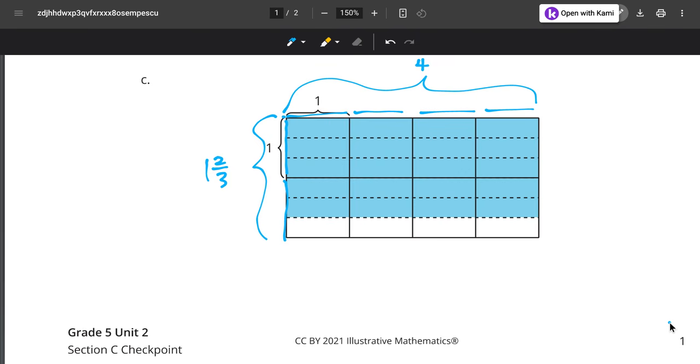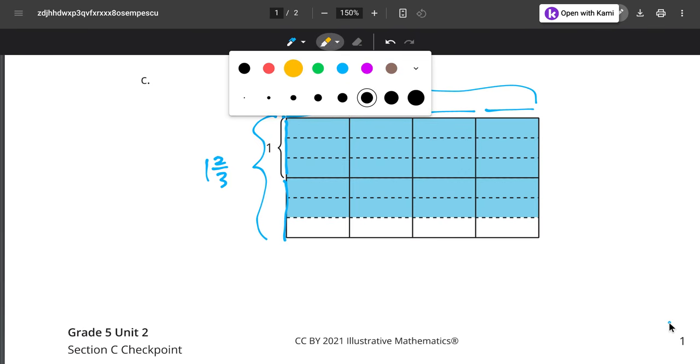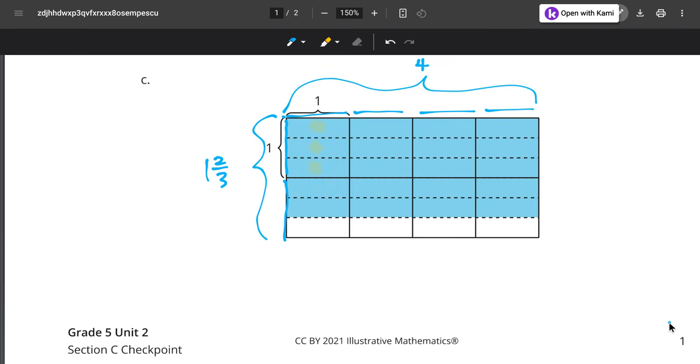Okay, I've got 1, 2, 3, 4, 5. So I could express this as 5, and then my denominator is set to be, there are 3 pieces in a whole. So we could also express it as 5/3. So let's go ahead and start with our expressions. I'm going to write these down below.